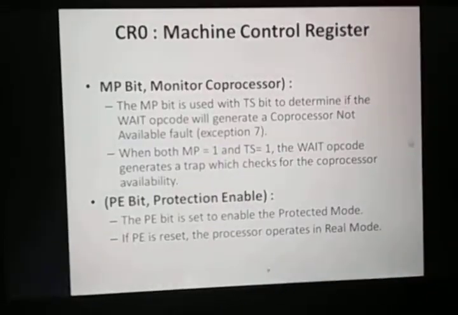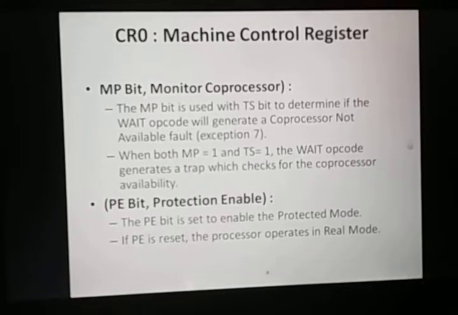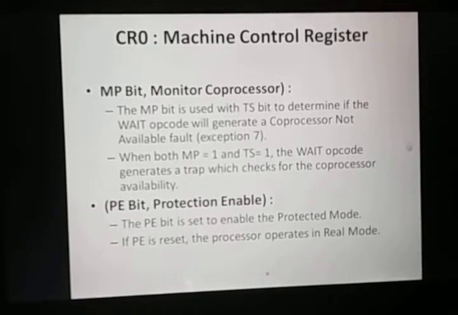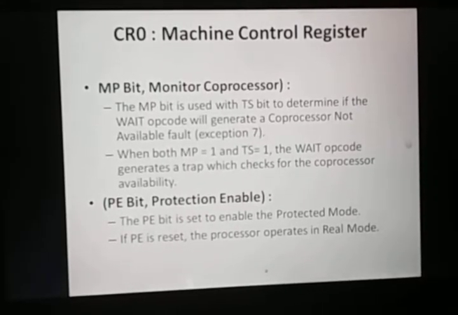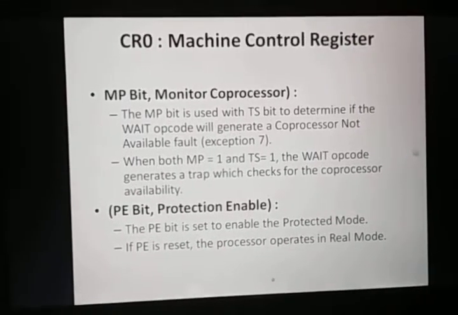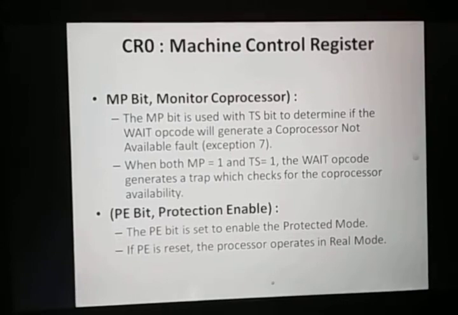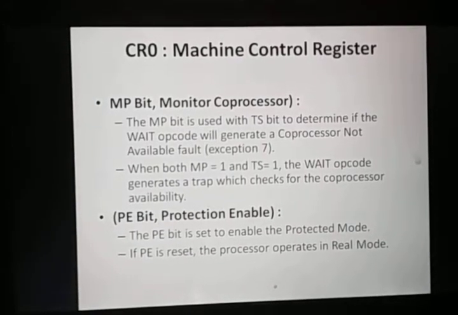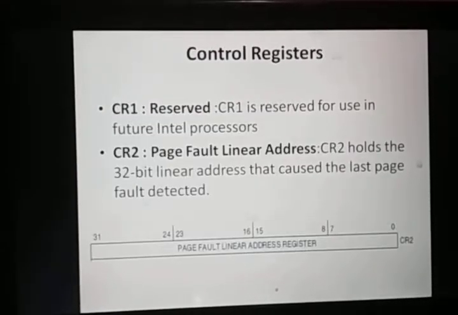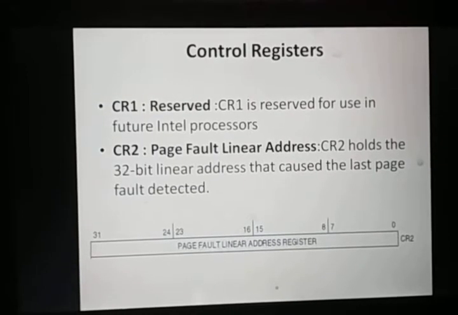PE bit, the protection enable bit. If this bit is set to 1, your processor is in protected mode. If this bit is set to 0, your processor is in real mode. So this bit defines the mode of the processor, whether it is in protected mode or real mode. Then control register 1.